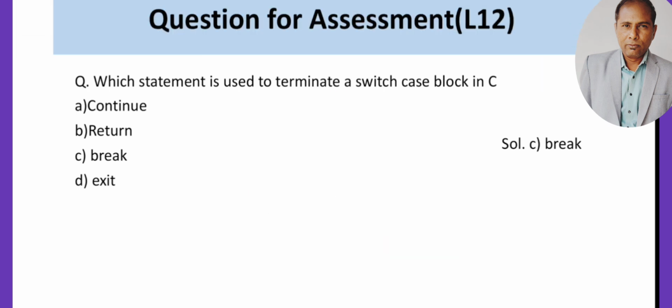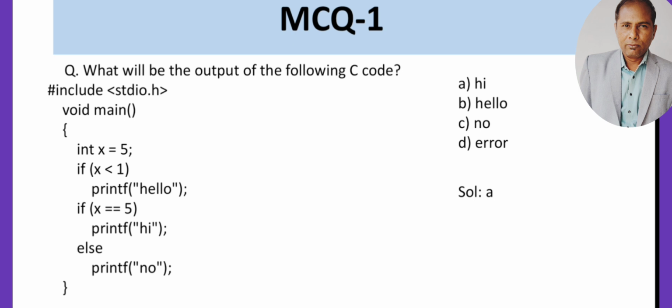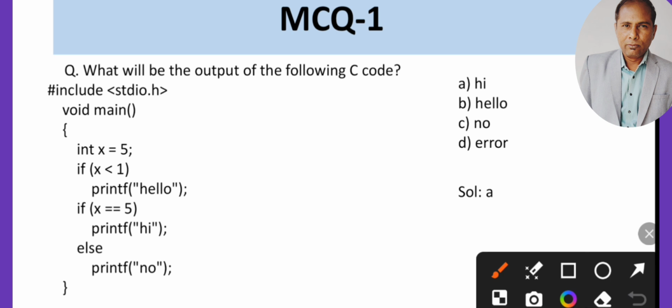Now we are starting this lecture's MCQ questions based on the statements and loops. The first question is: what will be the output of the following C code? In the C code we have x is equal to 5.